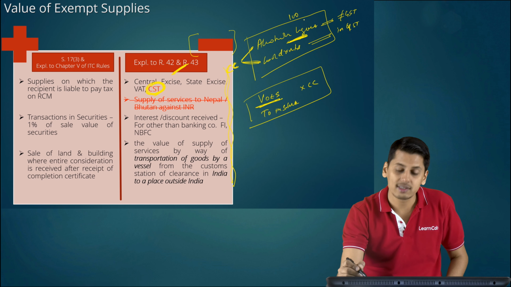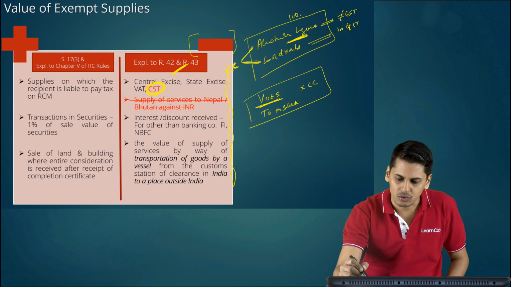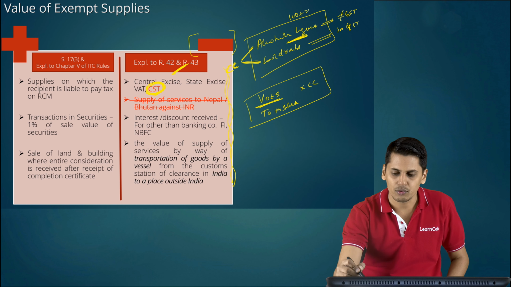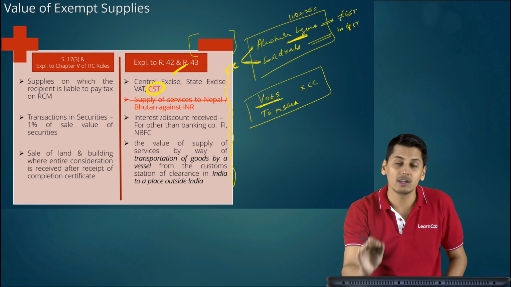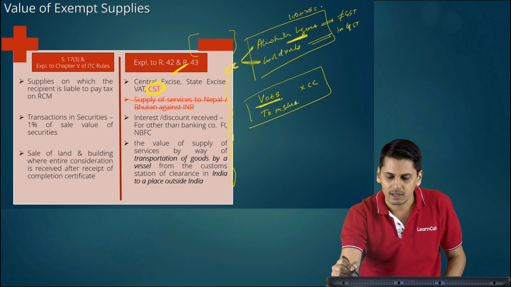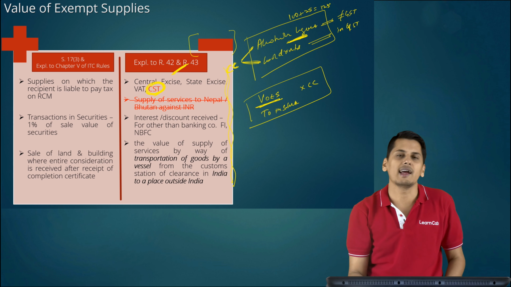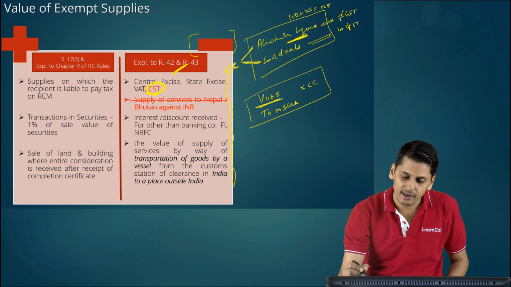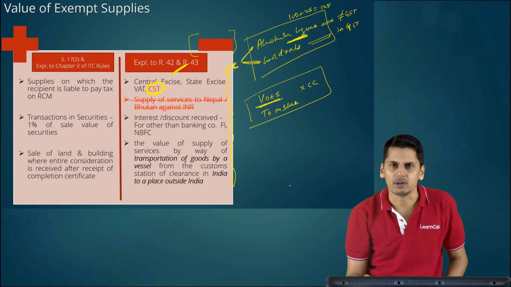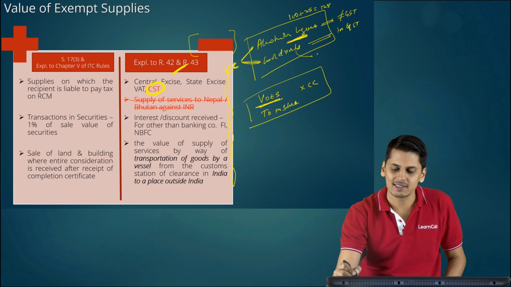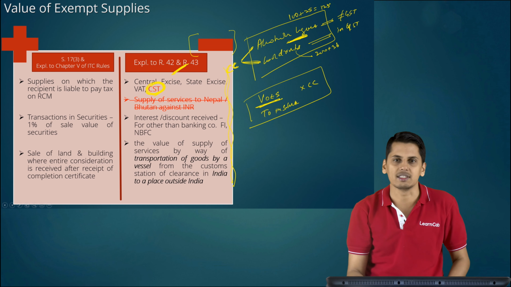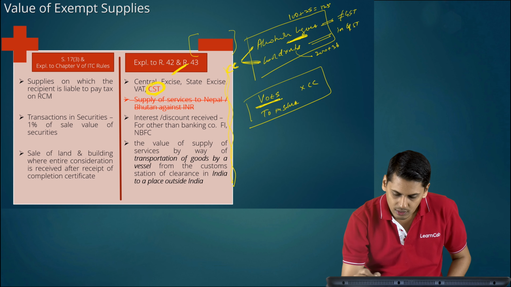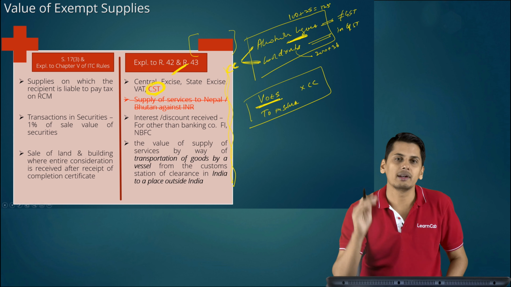Let's roughly assume it is 100 rupees plus 25 rupees CST, which makes the sale outside the state 125. And the cool drinks which you have sold, let's roughly assume it is 200 rupees plus 56 rupees GST.